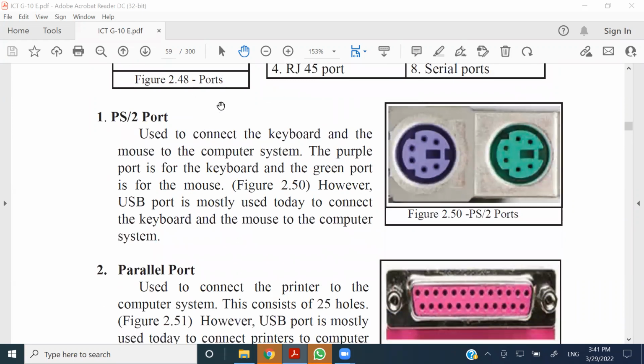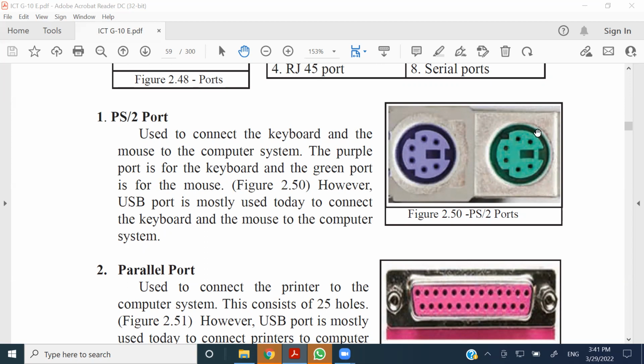Now, PS2 ports are the ports which we use to connect the older keyboards and mice, right? Earlier these ports were not configured as USB. We had a separate port for the mouse and a separate port for the keyboard.